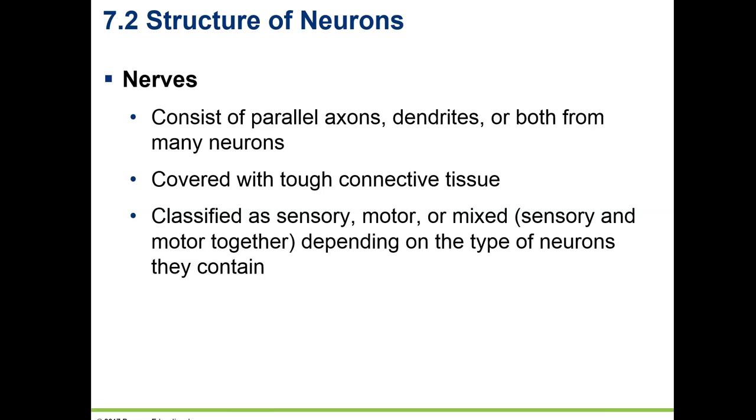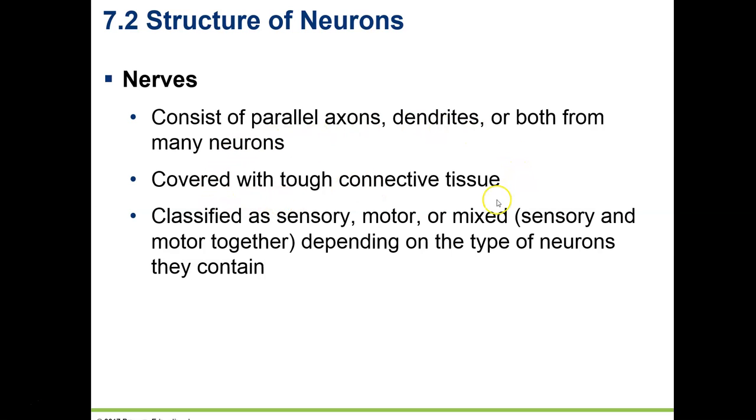Nerves. Now, the nerves, we have cranial nerves, spinal nerves in our body. They are made up of axons, dendrites, or sometimes they include both axon and dendrites.